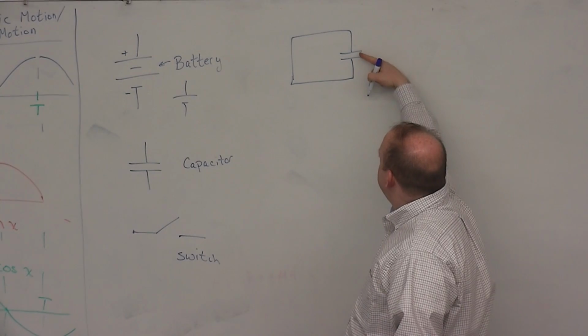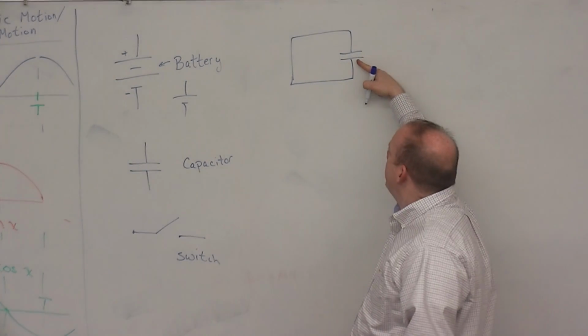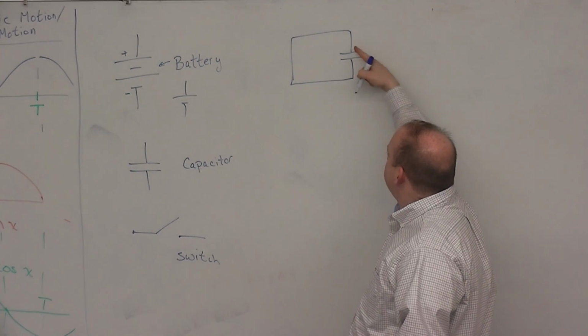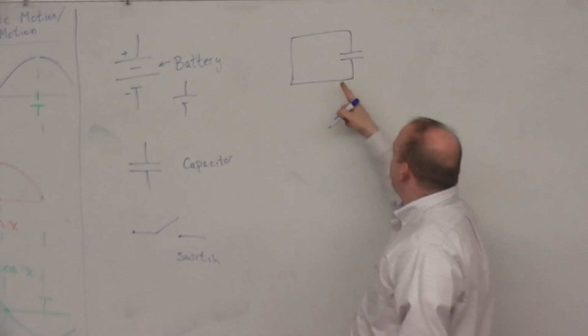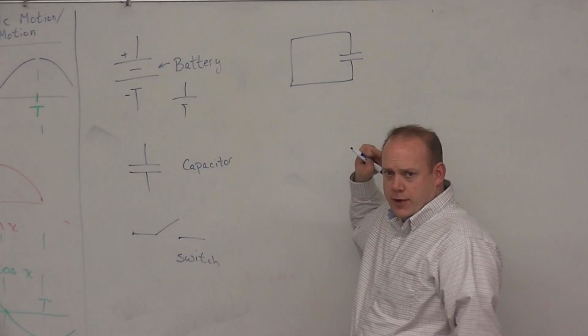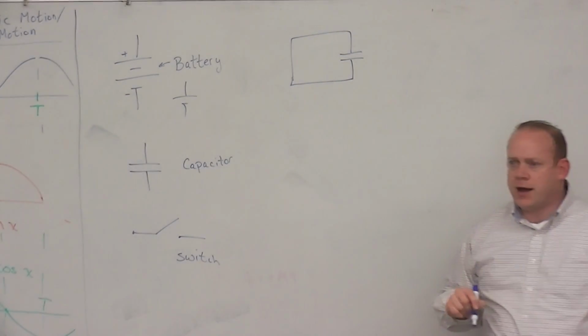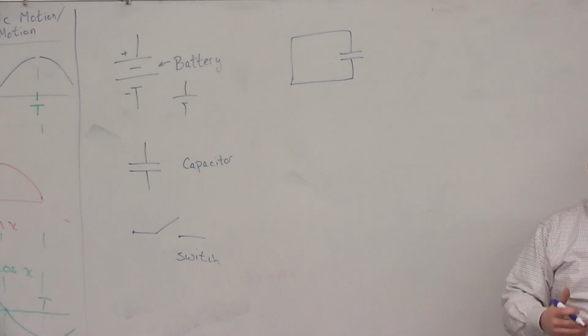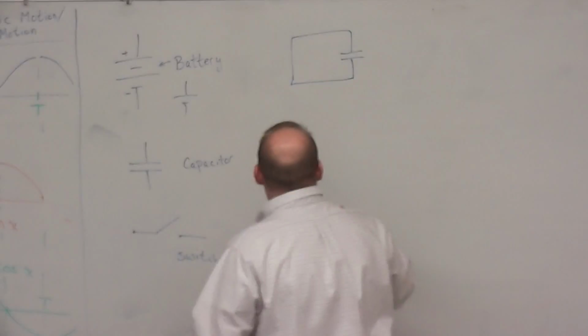The electrons aren't going to jump from here to here. Realistically, I need some sort of electric field inside here to drive the electrons from one plate to the other, and right now, in that circuit, I have nothing. I need to introduce the battery to it.